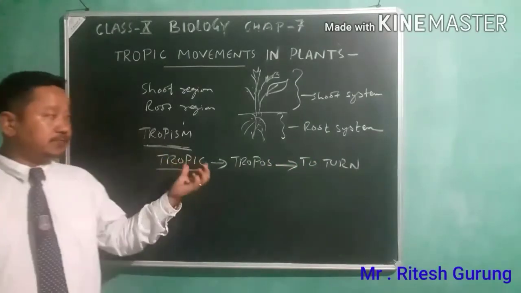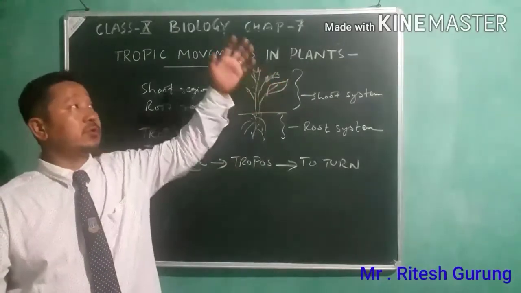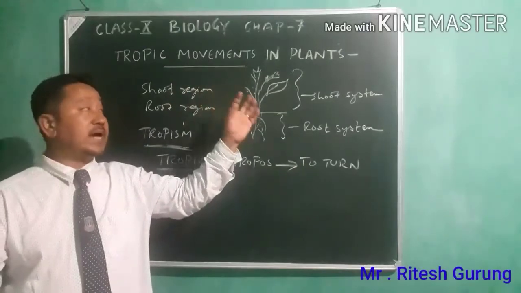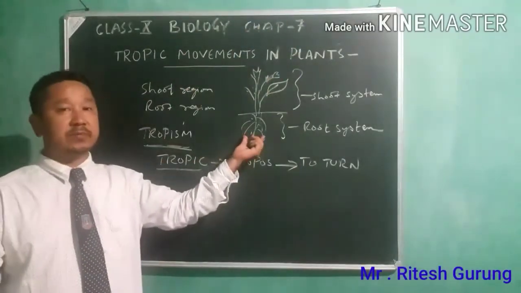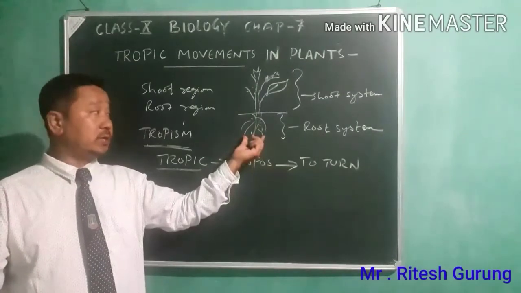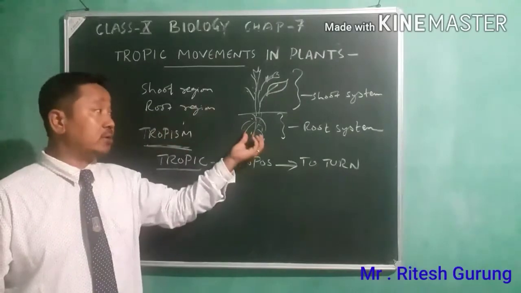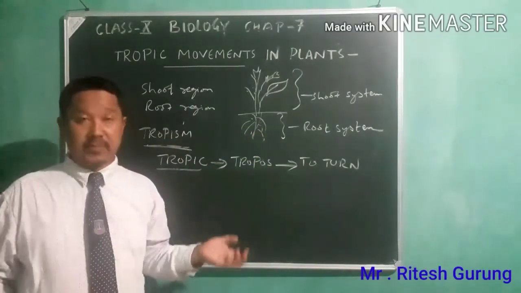So the shoot system is showing movement by its growth towards the source of light, and the root system is showing the response by growing towards the source of water, the soil or the minerals.